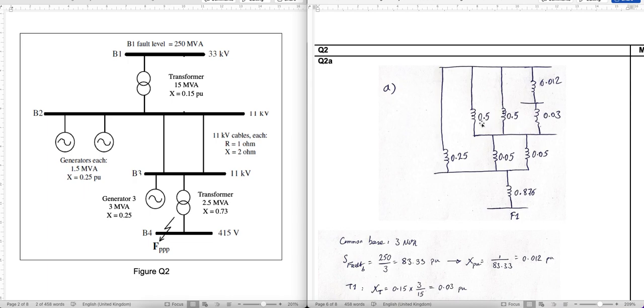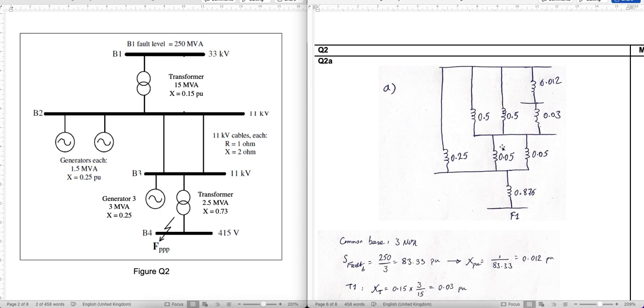You can replace them by just one because they are equal, and that is 0.25, because that should be half of these two. So this part, what you have is 0.25 and 0.042 parallel. You calculate the parallel impedance.